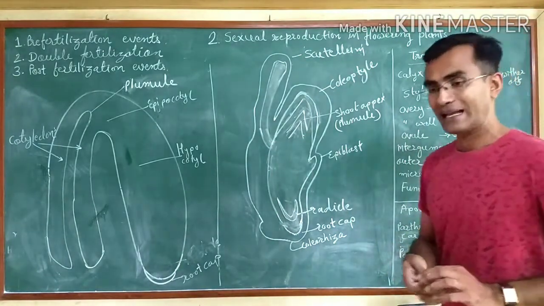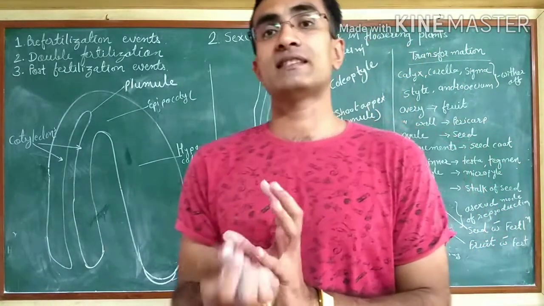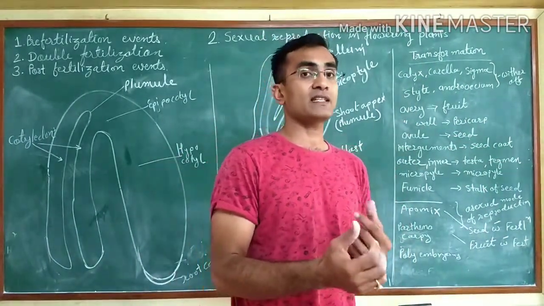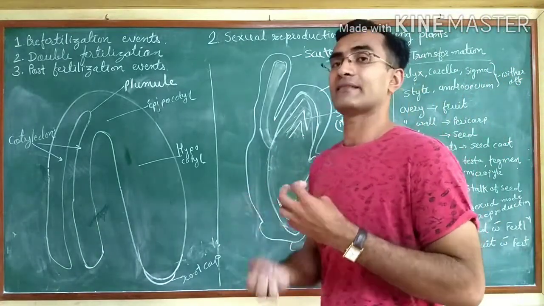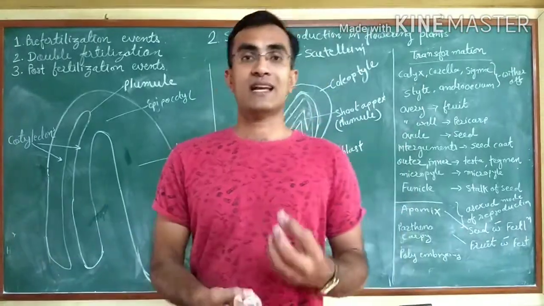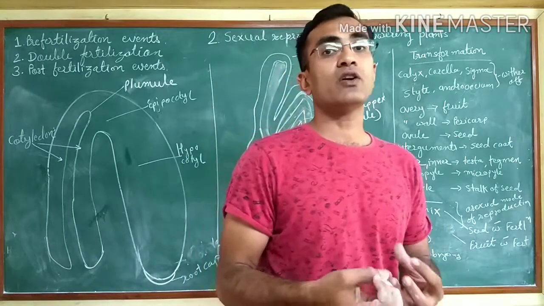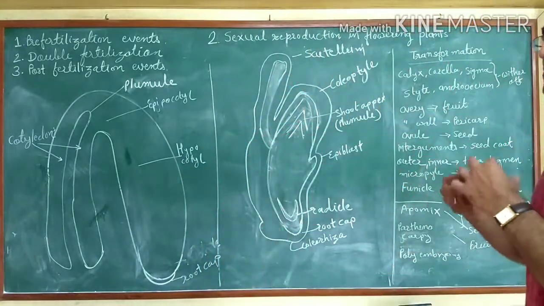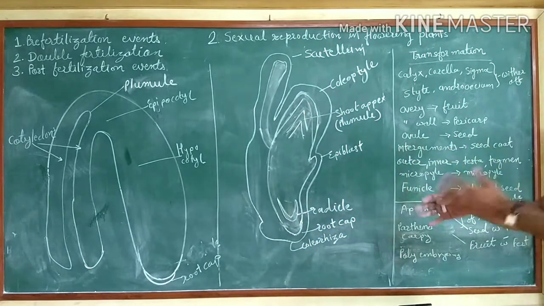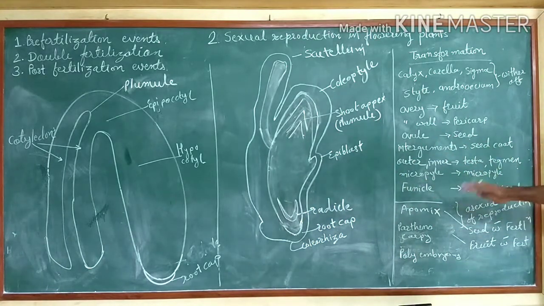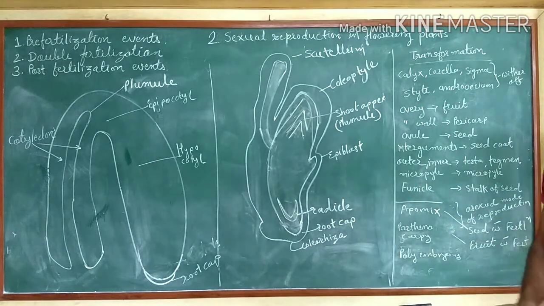Then the micropyle, the porous structure present in the seed, will remain as it is, from where the seed will get air and humidity or water. There will be no conversion of the micropyle into anything else. The funicle will convert into the stalk of the seed.